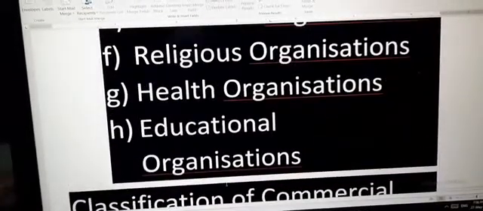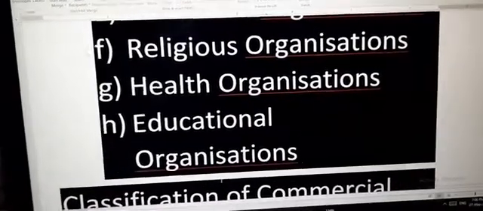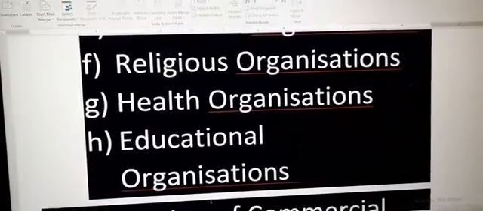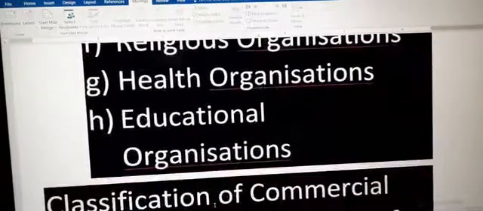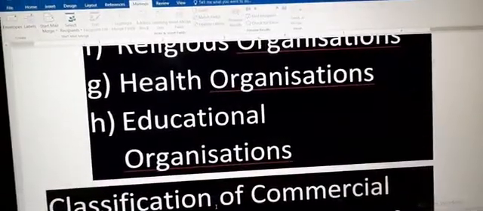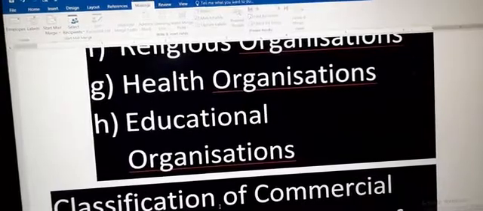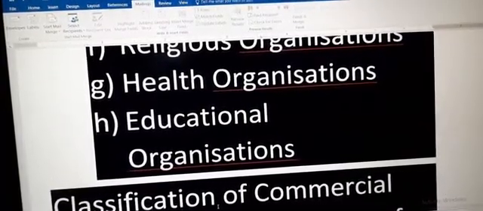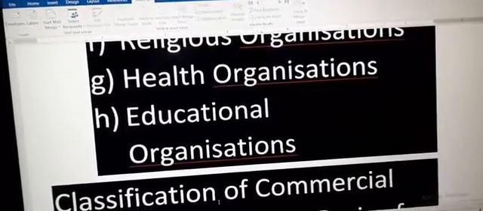Next is Religious Organization. These organizations are formed for providing facilities for religious activities, just like temples, masjids, gurudwaras, churches. Next is Health Organization. These organizations are formed for providing medical facilities free of charge or at subsidized rate. Charitable hospitals and dispensaries and government hospitals are examples of health organization.